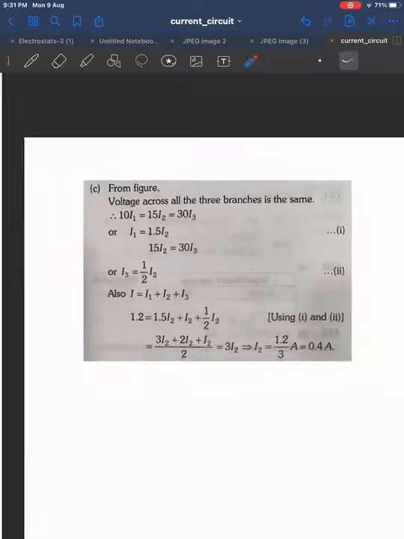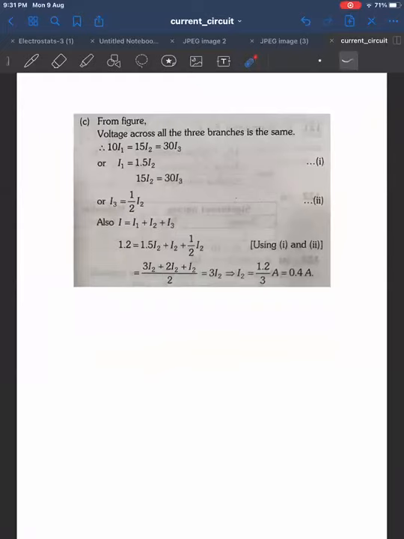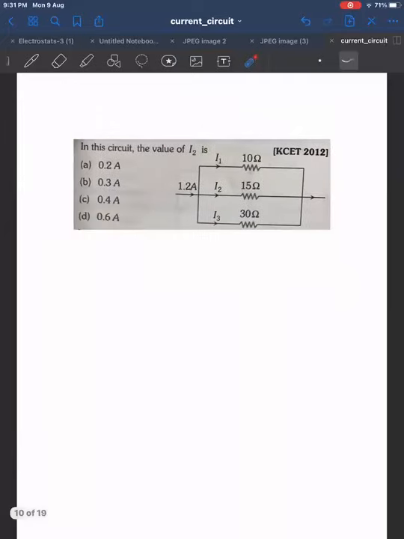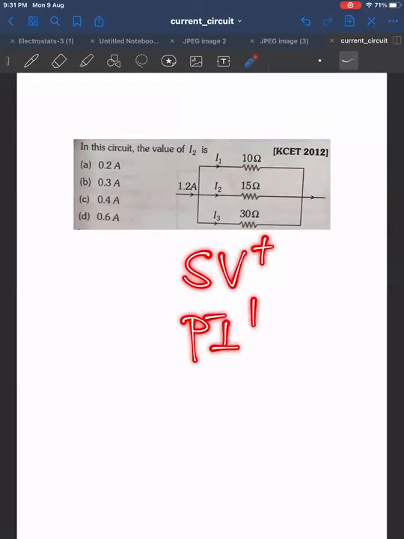See here, look at this. What logic they are using is voltage across all three branches are same. Like you know that when components are connected in parallel, current adds up, voltage remains constant. And if components are connected in series, voltage adds up, current remains constant. Remember our code word SV plus and PI plus.